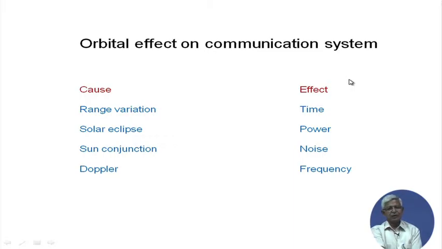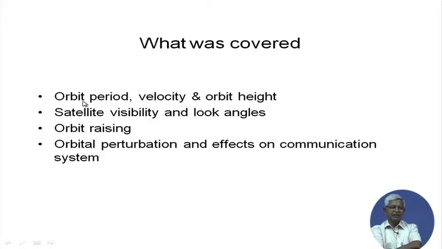So till now, let us recollect what we have seen. In these 4 sessions from the beginning, we have covered the orbital period, the velocity and the orbit height, their relations in the circular orbit and in the elliptical orbit, and also how to find the location of the satellite.